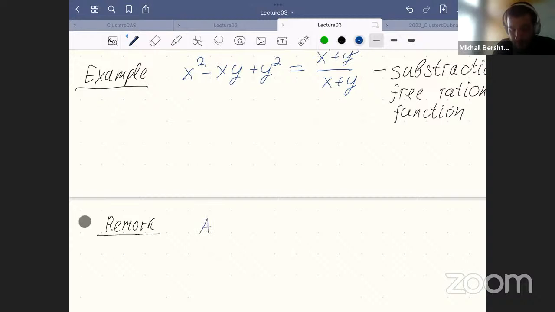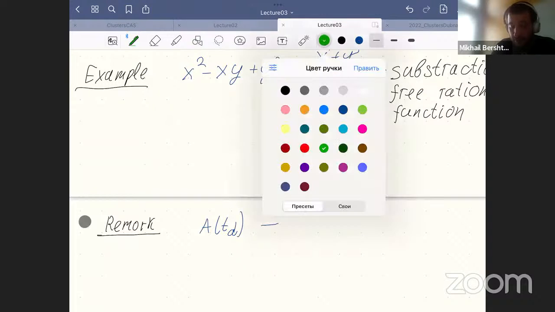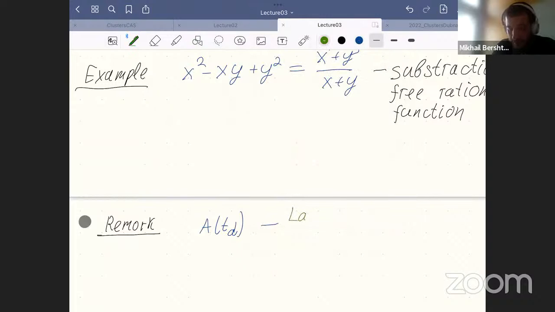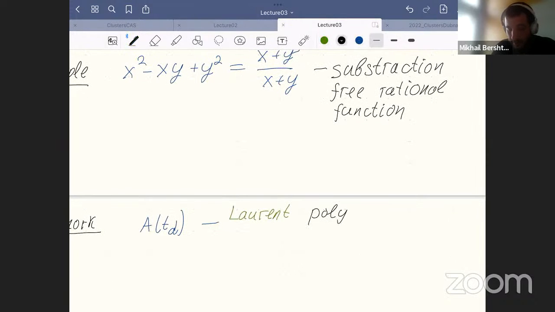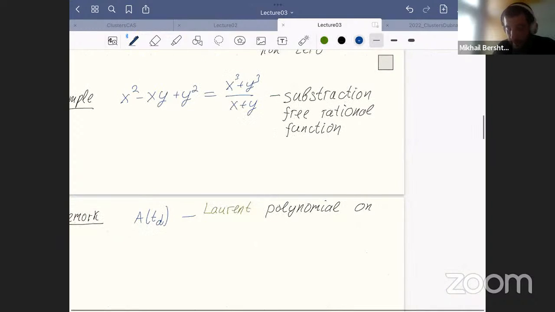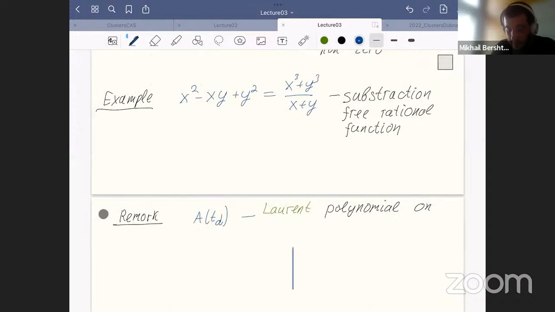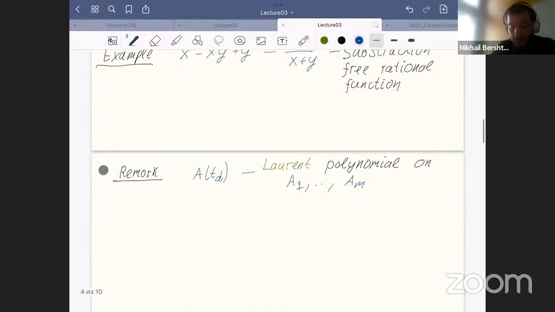First, we know that any variable after mutations is a Laurent polynomial on variables in the original seed. As I just said, it is just polynomial on the frozen variables, but it is not important.